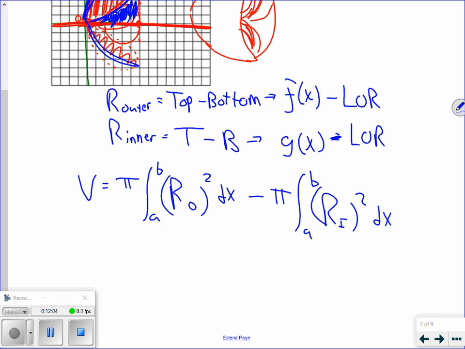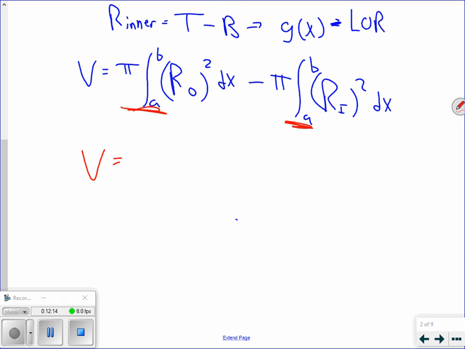Okay. Now to save ourselves a little bit of time and space, since they share pi integral a to b, pi integral a to b, we can write this as one integral. So we would say the radius of the outer squared minus the radius of the inner squared.